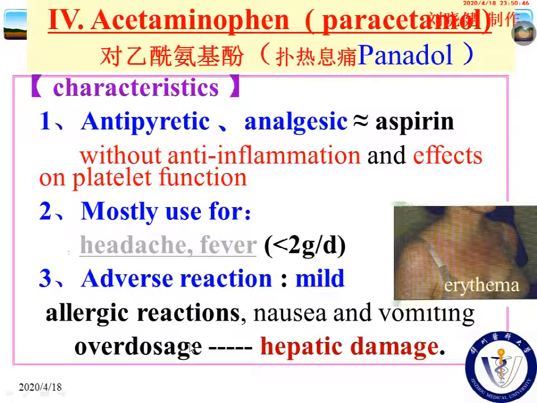Allergic reactions also have relatively more incidence, as this picture shows. A woman, after she used acetaminophen to treat pain during menstruation, had a regular erythema on the shoulder. This is one allergic reaction caused by acetaminophen.